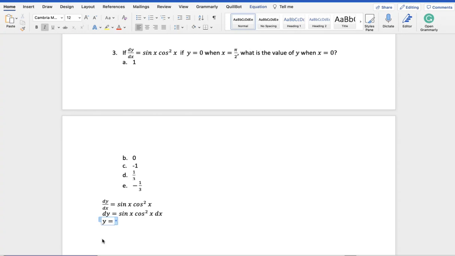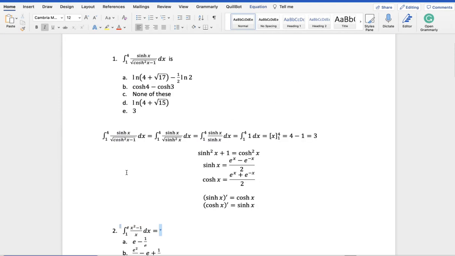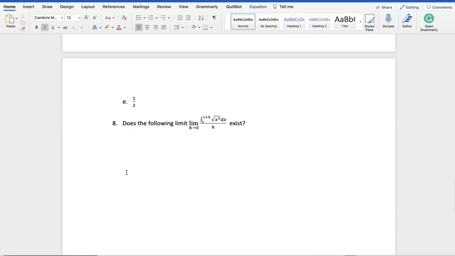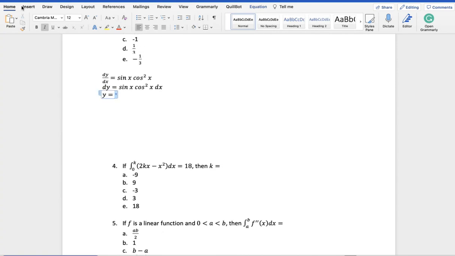Come on, guys. This is basics. So you have the derivative of y, and you're trying to find y. All you have to do is just implement the integral, right? I'm hoping this sort of makes sense.